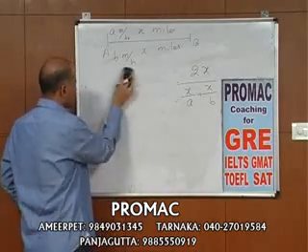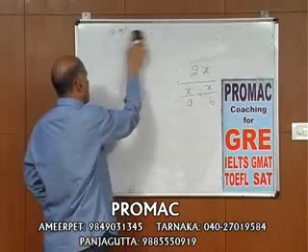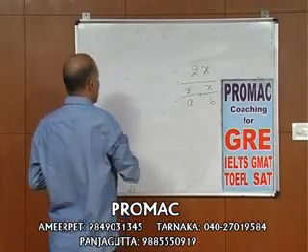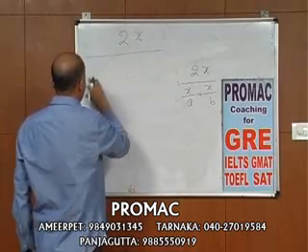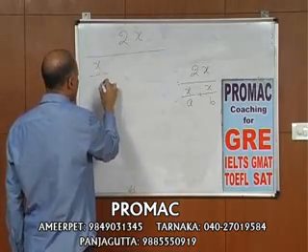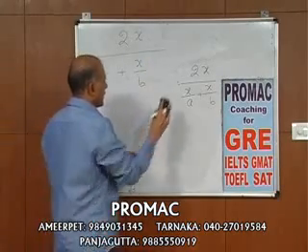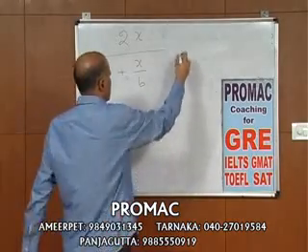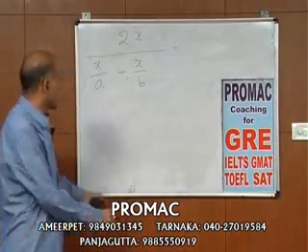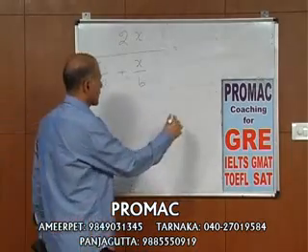So let's understand this. The mean speed is total distance by total time. So total distance is 2x. Total time is x by a plus x by b. Here let us change this into an understandable format. How do I add up x by a plus x by b?